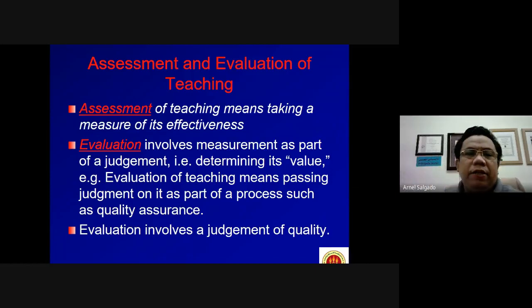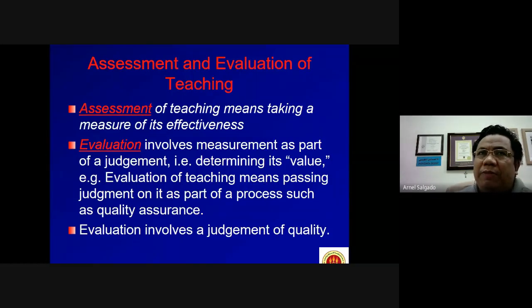Assessment of teaching means we're going to look into the measure of its effectiveness. When we evaluate you in the process of teaching, we are going to look into the effectiveness of the materials that we deliver, and the effectiveness of the process that you use in order to deliver the materials that you have.